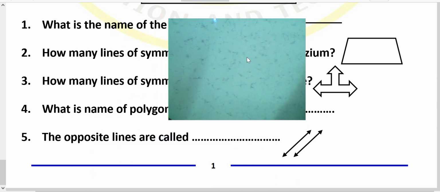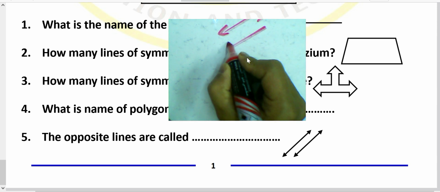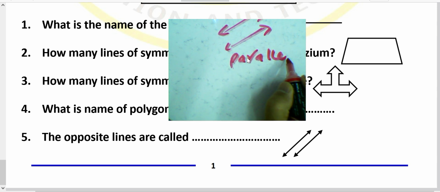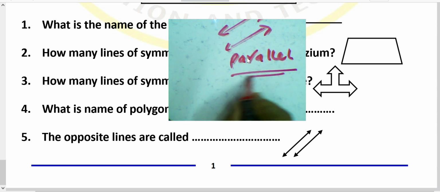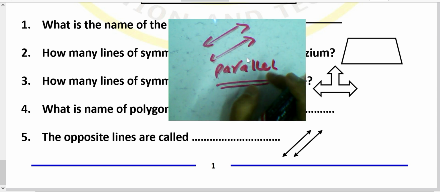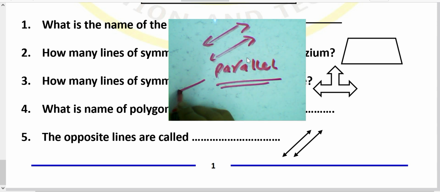The opposite lines we call parallel. They never intersect at any point, so we call them parallel. But if they intersect at one point, then we call them intersecting.